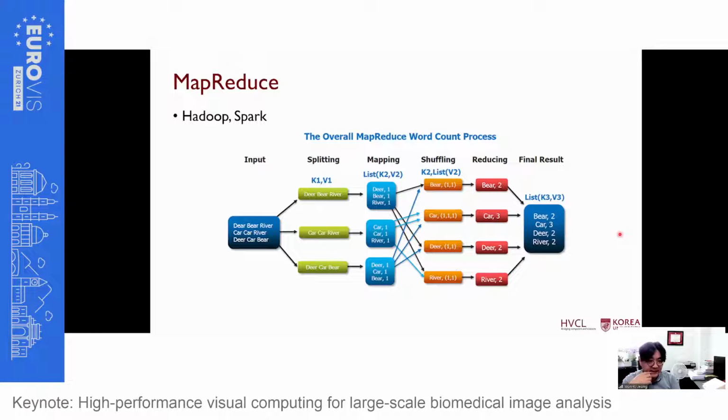The idea is that MapReduce is a very, very simple programming model where the user only defines the map function and reduce function. Then the system will do the automatic sorting, shuffling, and also combining them together to generate the result. So it's a very simplified programming model. There are some cases where this model fits very, very well.